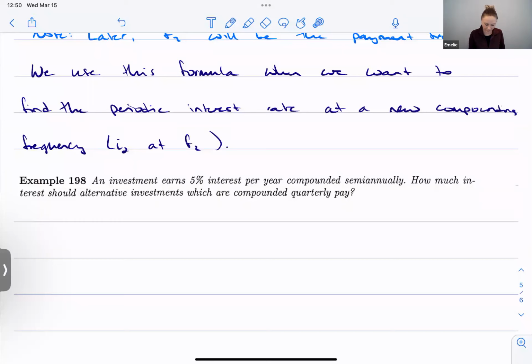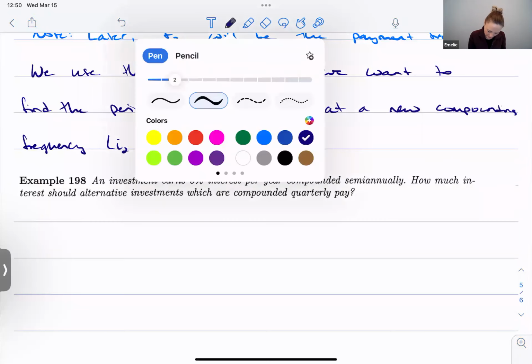An investment earns 5% interest per year, compounded semi-annually.